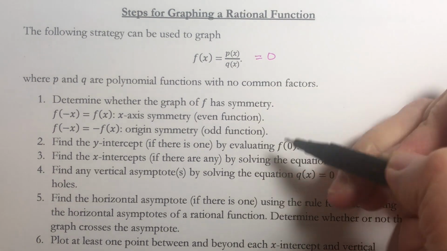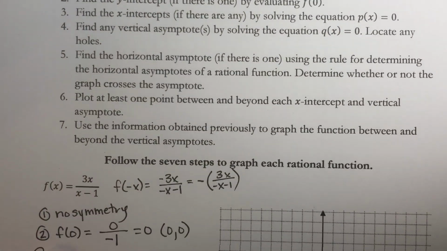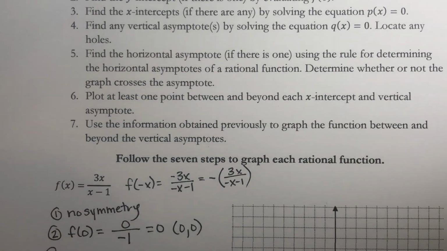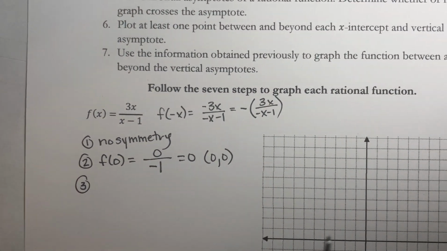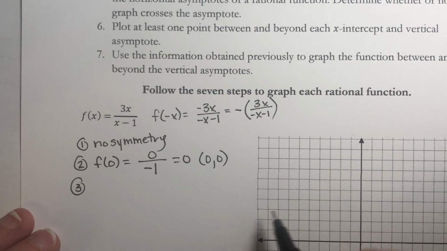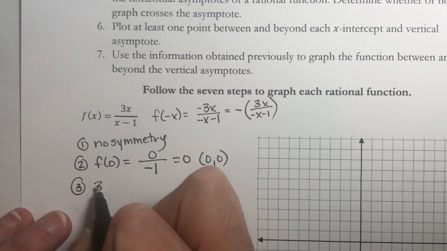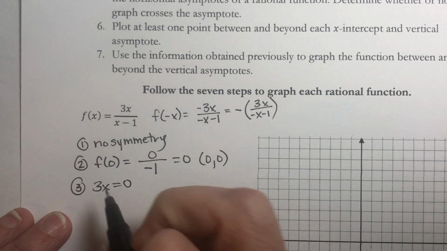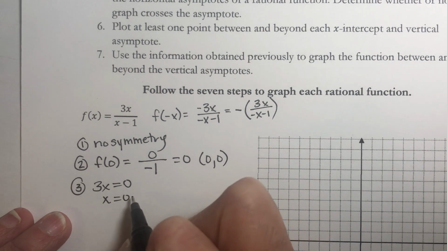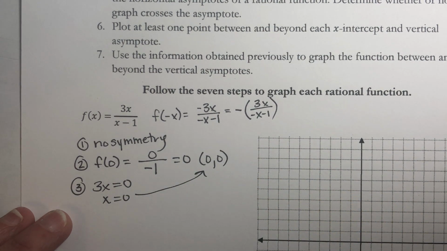So what's happening is we're just cutting out a step here by saying just worry about the numerator. Where the numerator is 0, that's where you have x-intercepts. So our numerator is 3x, set that equal to 0, and you get x equals 0, which means that my only x-intercept also happens to be my y-intercept.